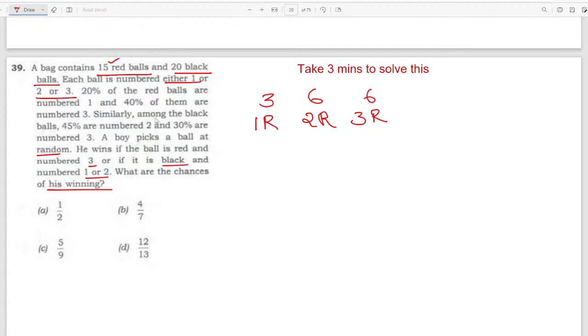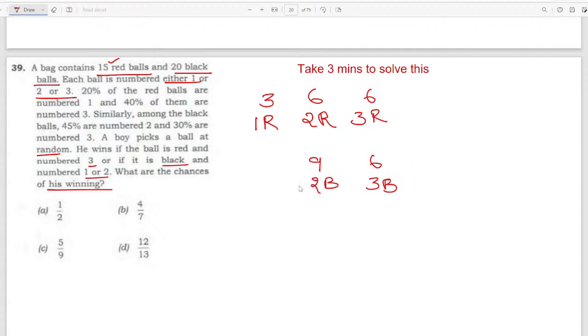Similarly, now we'll see the black balls. Among the black balls, 45% are numbered 2. Number 2 black balls, 45% of 20, that is 9 balls are numbered 2 and black. And 30% are numbered 3. 30% of 20 is 6.